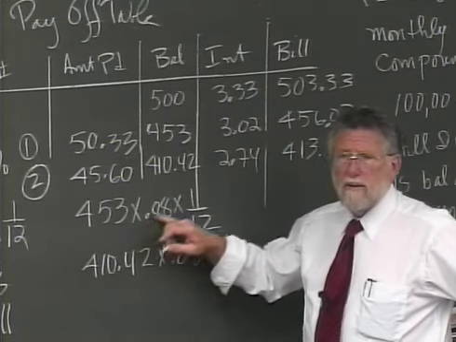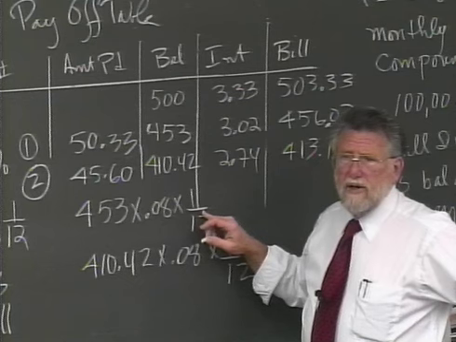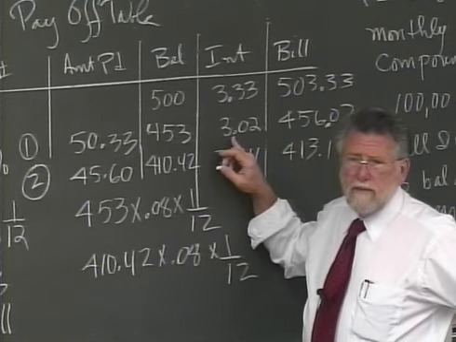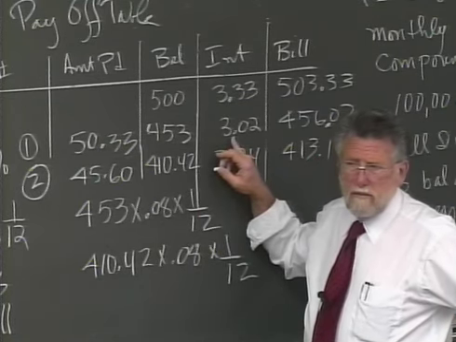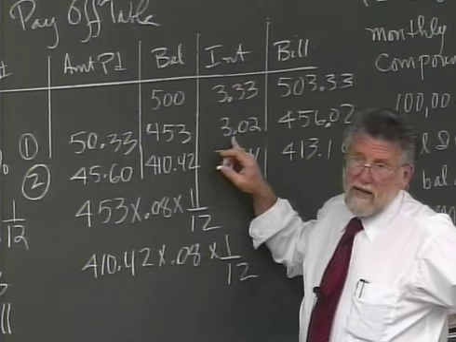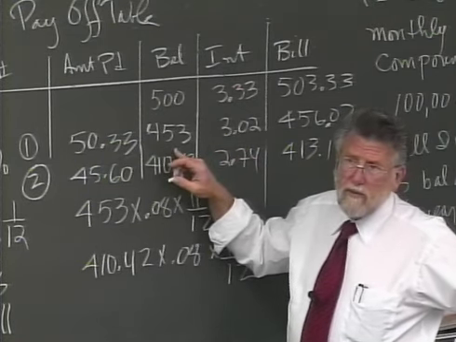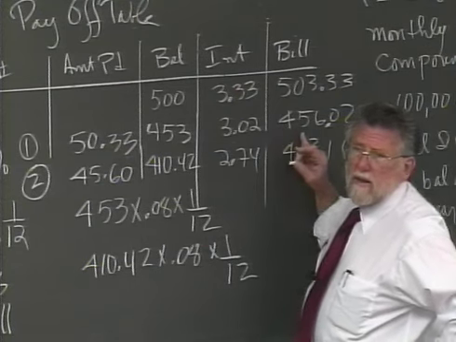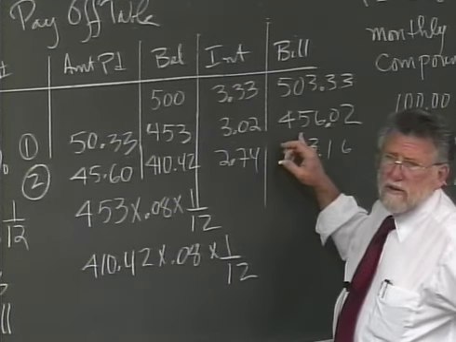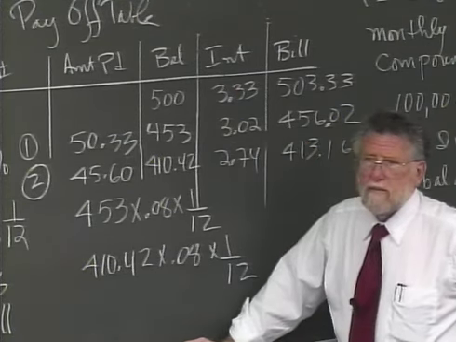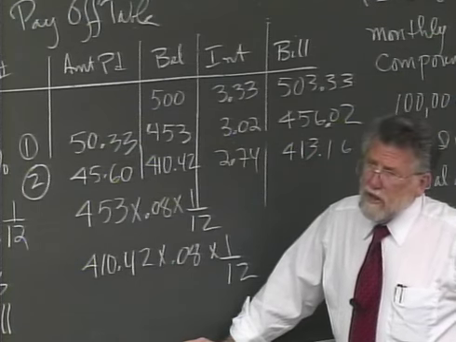Multiply by 0.08, divide by 12, and you're going to get $3.02. What do you do with the interest? Add it to your $453. Here's your new bill, $456.02. How much do you pay?